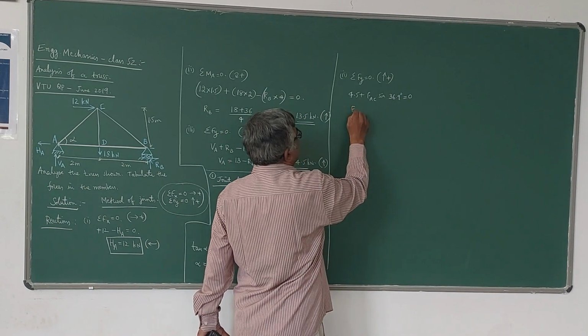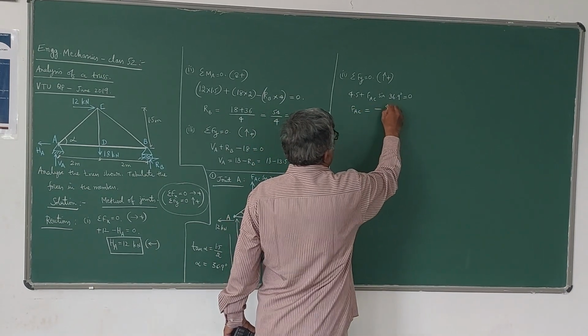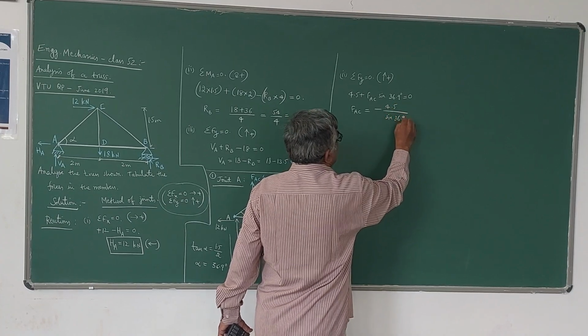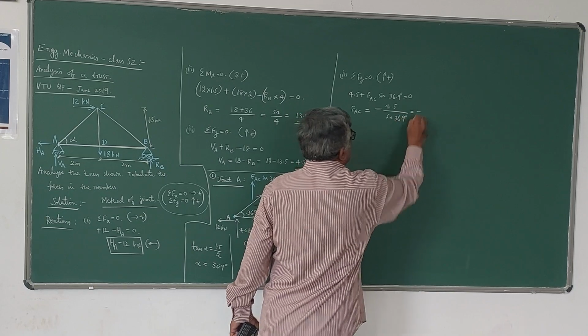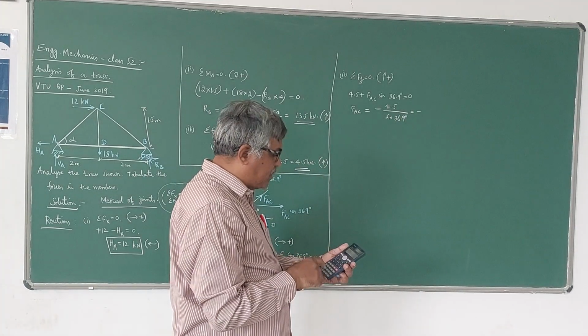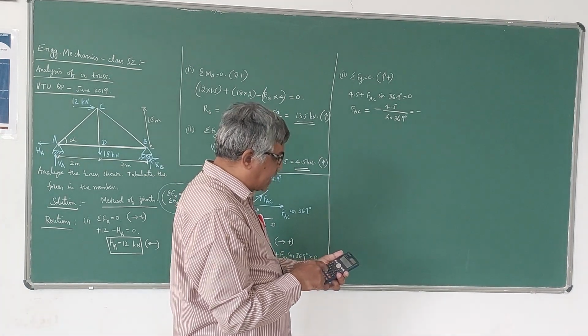From this you get FAC as minus 4.5 divided by sin 36.9 degrees. So you will be getting a negative sign. A negative sign indicates that this is a compressive force. A positive sign indicates a tensile force.